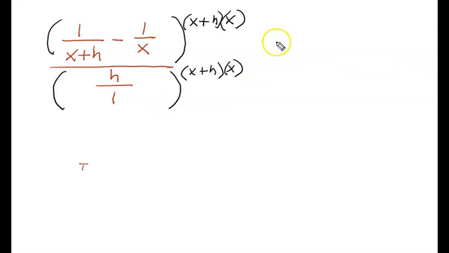Okay, so what we need to do now is multiply each of the parts of our numerator by this. Notice that here, this cancels out, and all that's left here now is x. So this will become x here.